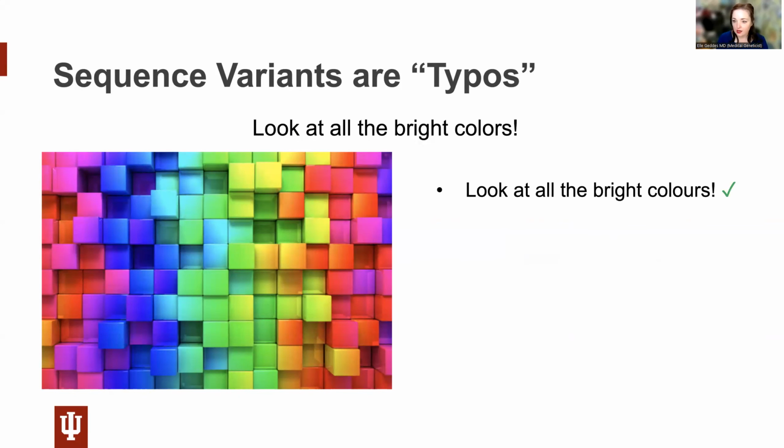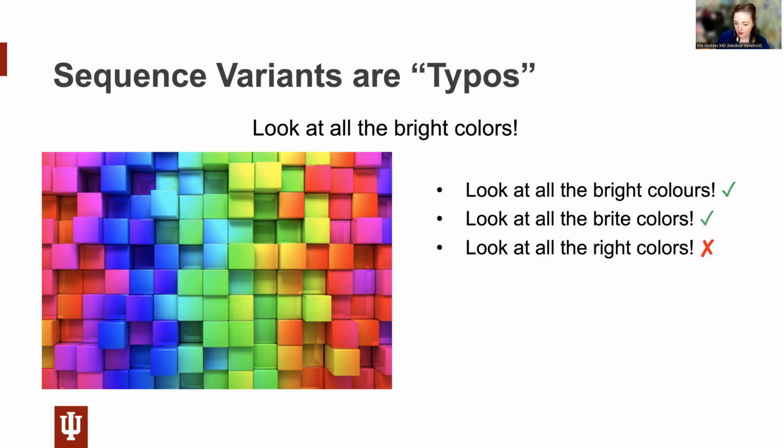Well, you can have variations like colors spelled with a U that gets that message across, but is wrong according to spell check. And you can have even more obvious typos like spelling bright with a T, and that looks really wrong, but it still sort of gets the message across and works okay.